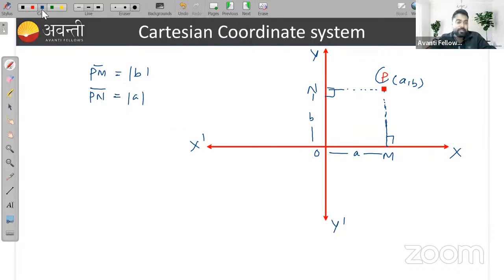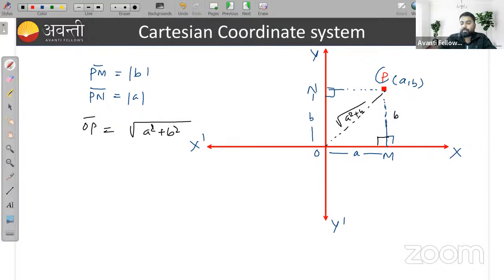And if I join origin to the point P, what is the length of OP? That is under root of a square plus b square, using the Pythagoras theorem. Suppose this is my right angle triangle, with sides mod b and a, so it should be under root of a square plus b square.